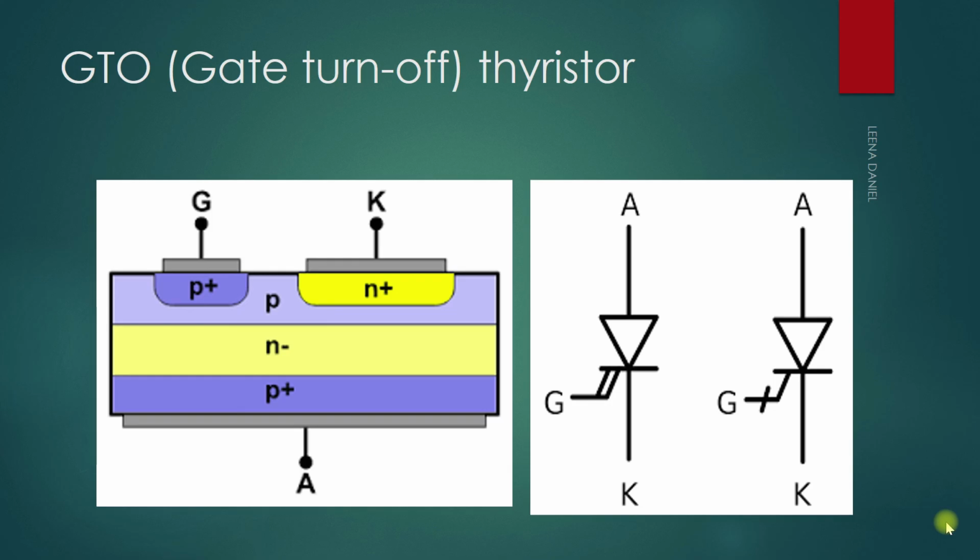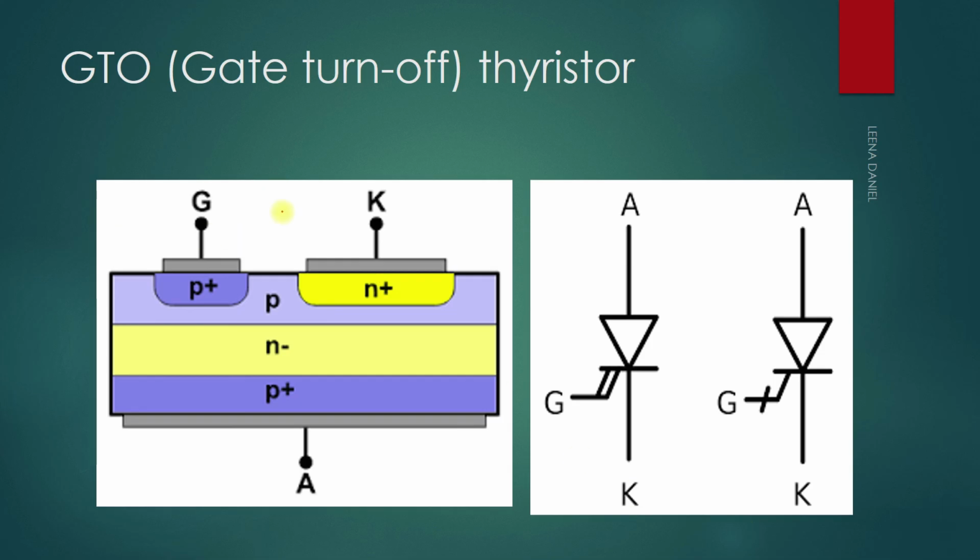The GTO's capability to turn on and turn off through the gate makes it very versatile, so it is always preferred in inverter circuits and chopper applications, where we need to turn on at a particular time and, through the same terminal, turn off at a particular time. So the GTO is the most versatile semiconductor device used in inverter and chopper circuits.